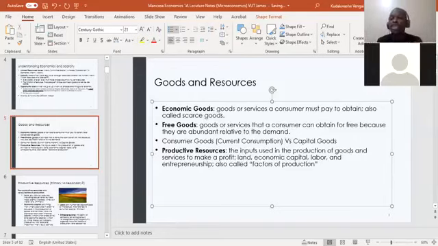Then the second assumption, because remember your graph has only two axes, an x-axis and a y-axis, which means you only have two things that you can include. So you're going to remove everything else and say that in this country, there are only two types of things that are going to be produced. So there are either two goods, or some lecturers like saying capital goods and consumer goods.